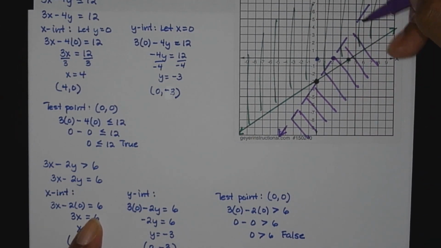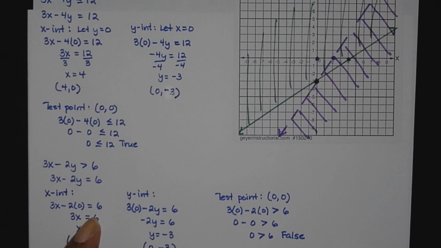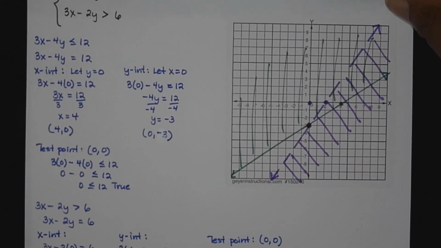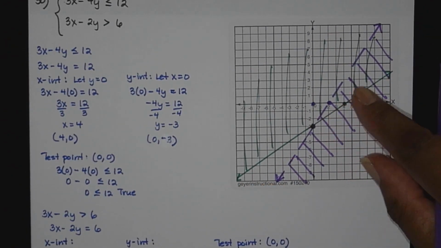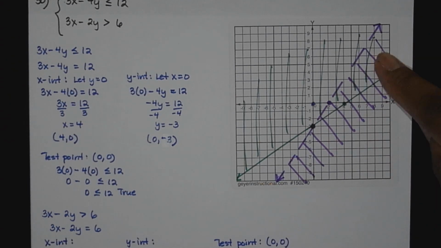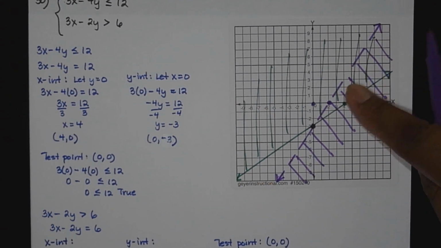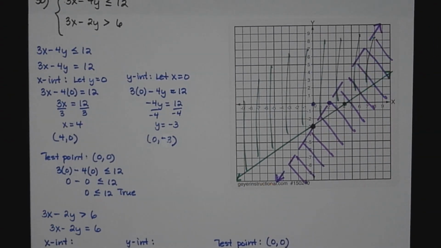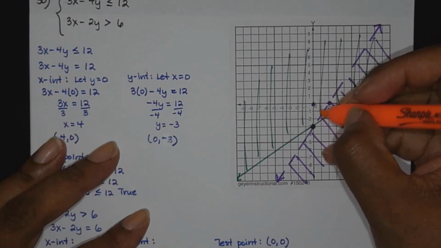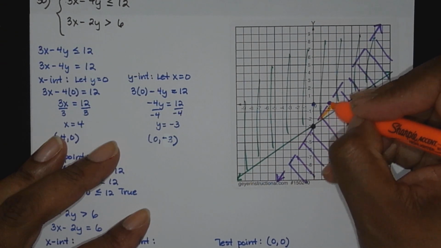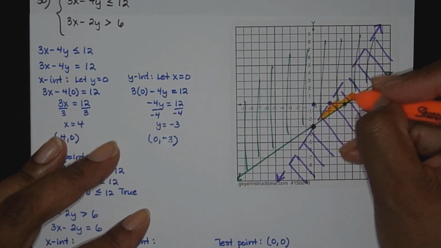And then we find the intersection of these two, where these two graphs will intersect. And if you look at it, this purple and this green are intersecting in this area right up here. So this would be the shaded region for the intersection of those two, for that system of inequalities.